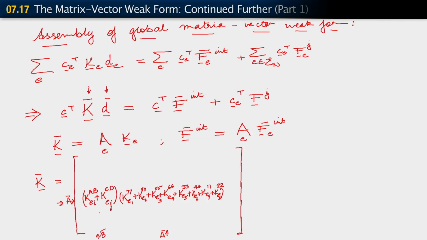And essentially the same sort of approach holds for the F̄ internal and also the F^J. So let's just complete that bit of assembly as well. Likewise, let's suppose I'm looking at F̄ internal, the global vector.